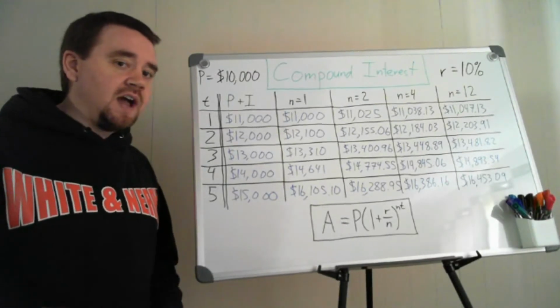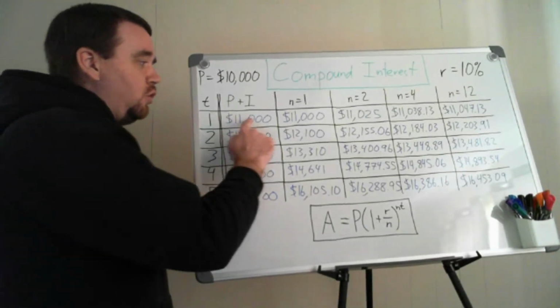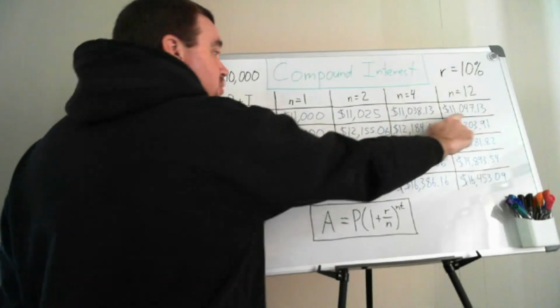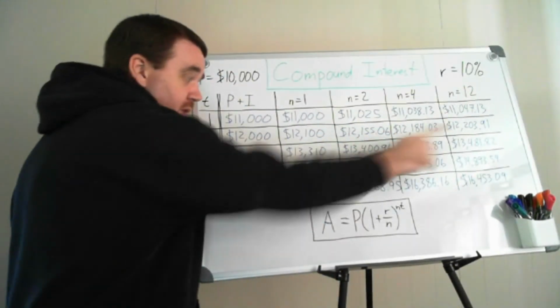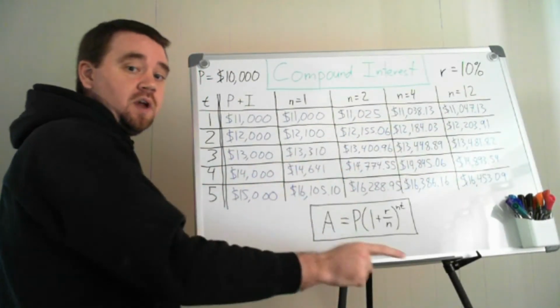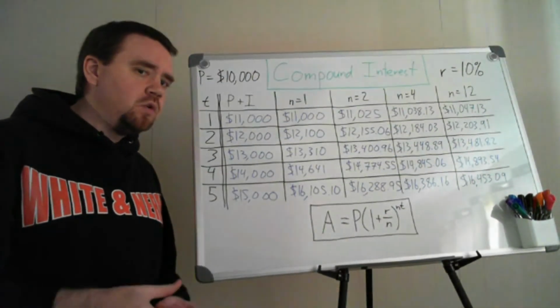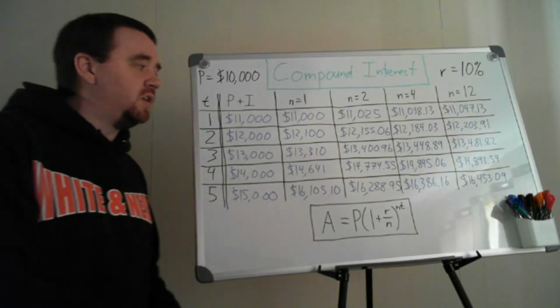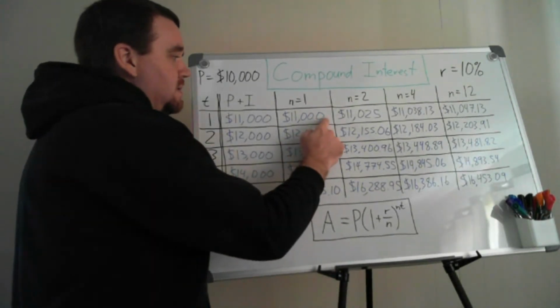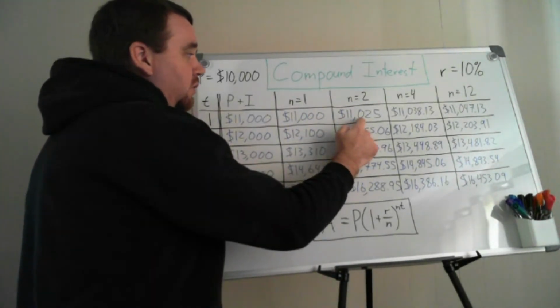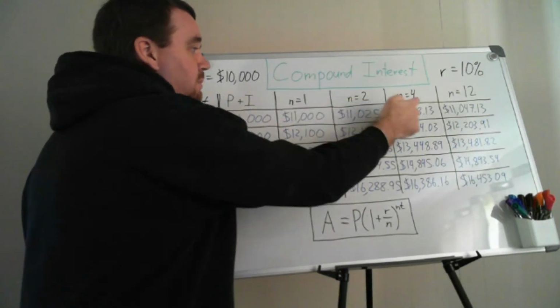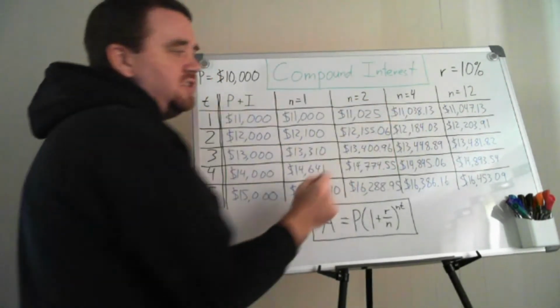Now, here's what's really kind of interesting. In each case, across each year, it's always increasing. No matter how many years it is, I'm always increasing as I go across. So as I increase n, I'm always getting bigger. But notice at what rate I'm increasing. Here I jumped up by $25 when I doubled. If I doubled n again, here I didn't jump up by 25.